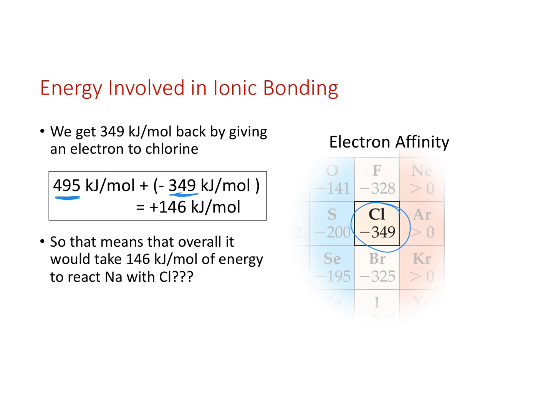When I give that electron to chlorine, it releases 349 kilojoules. So overall, my change in energy is a positive 146. That means we would have to add in 146 kilojoules of energy for this reaction to occur, and yet it needs to be lower in energy. So maybe we're missing something in this calculation.